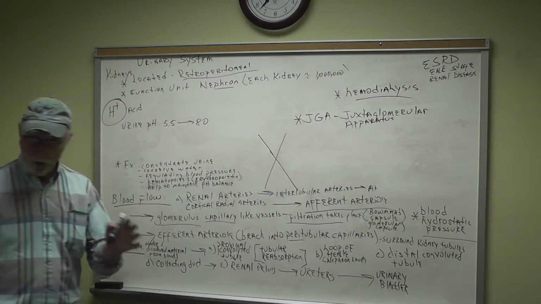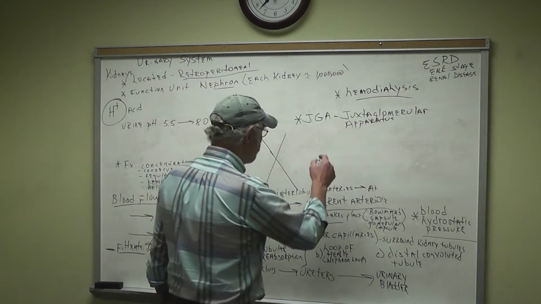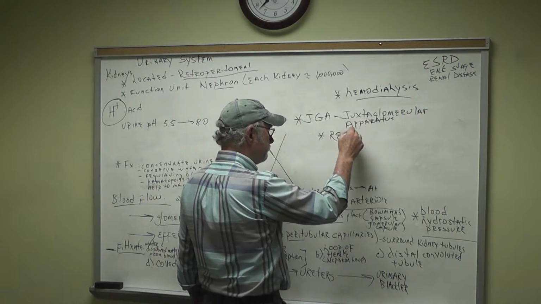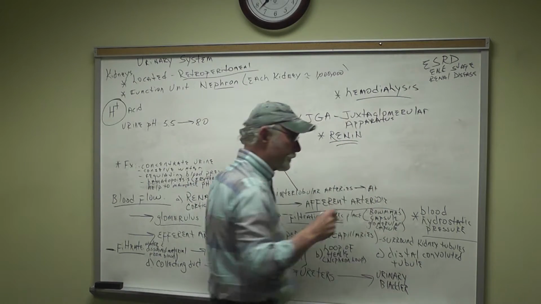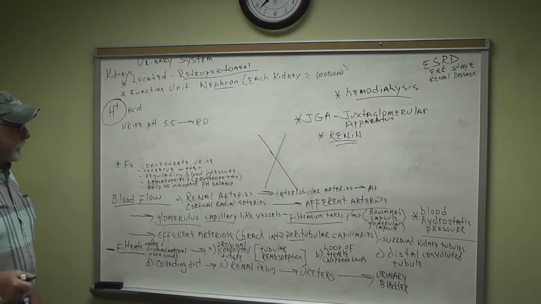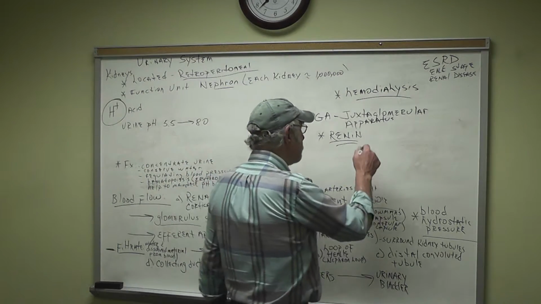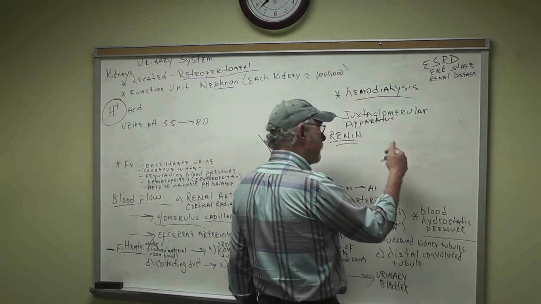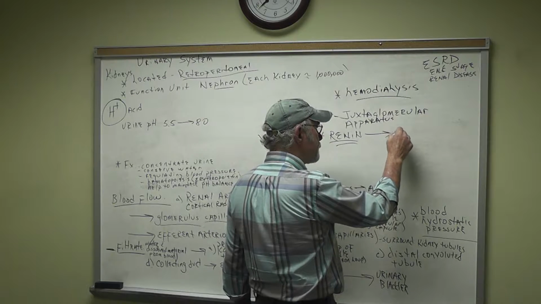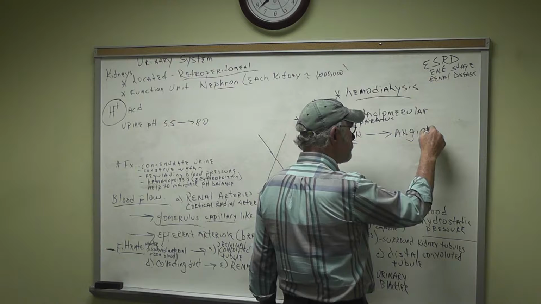All right, when blood volume goes down, pressure goes down. And so they release an important hormone called renin in response to a decreased blood pressure. Okay, and what that renin does is it is released into the blood, and the renin will interact with a substance called angiotensinogen.